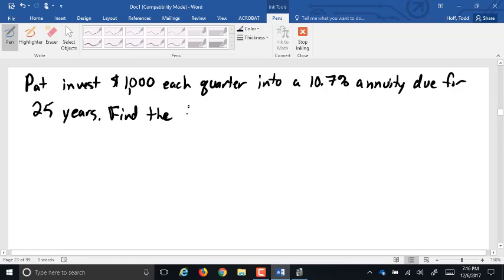Find the total interest earned. I'm going to give you guys a couple minutes to play with that. See what you come up with.